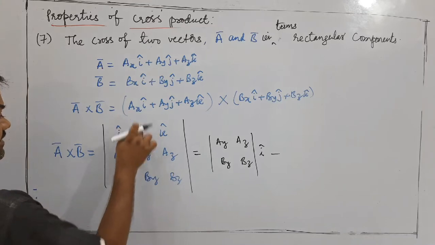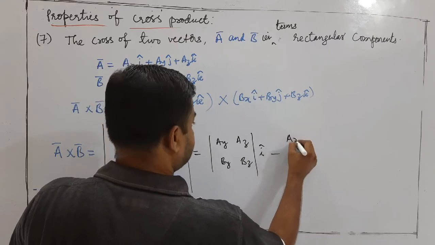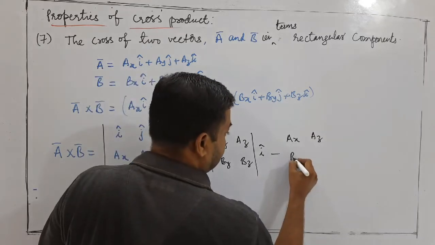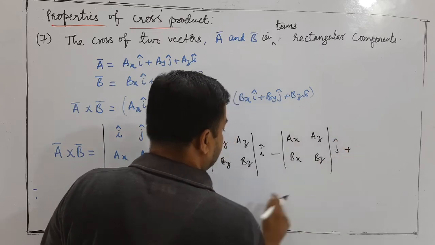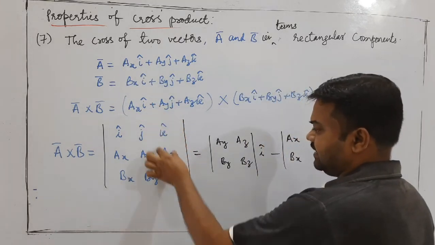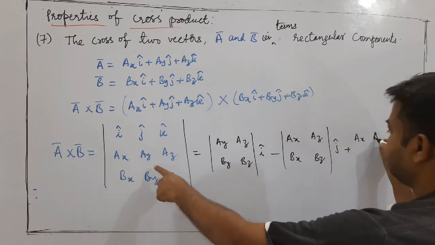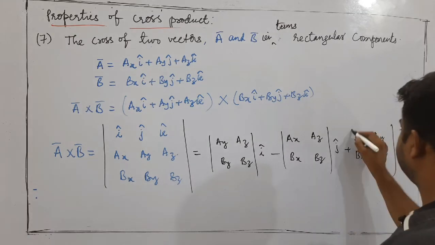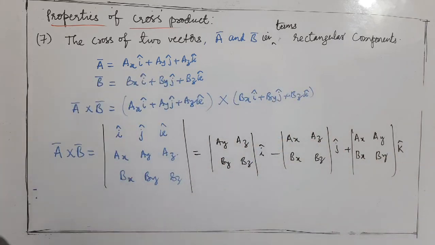This j, vertical and horizontal column, you remove it, and finally what should be the value? ax az, bx bz. This one is j. i minus j plus k, horizontal and vertical, you remove it, and finally what you will get? ax ay, next bx by, determinant of k. Like this we have to find out.